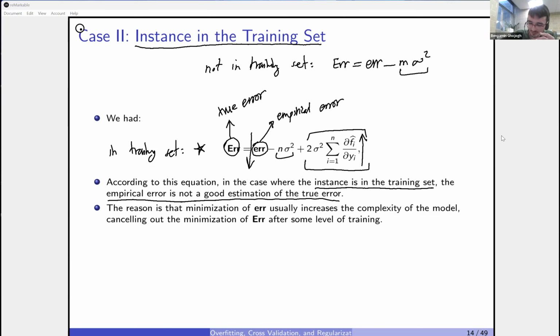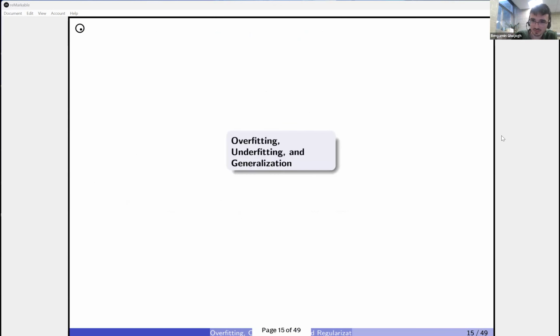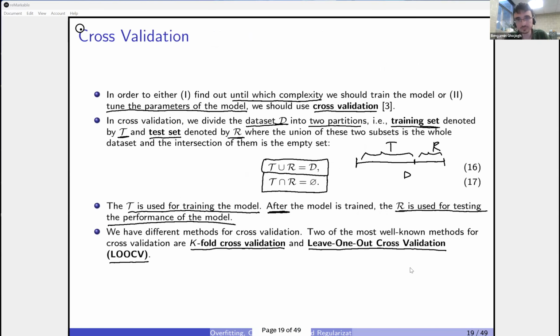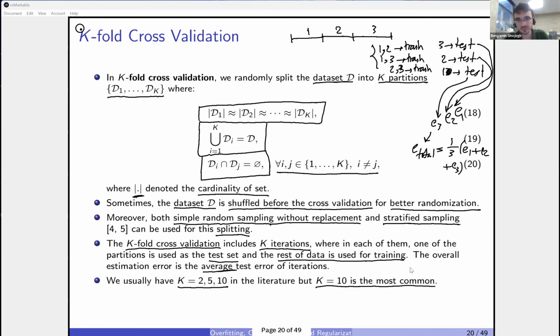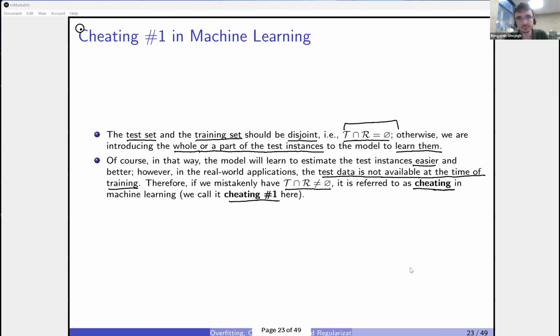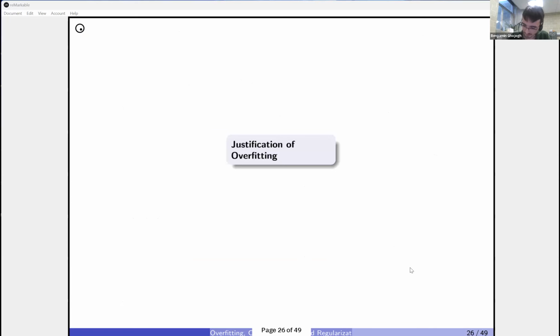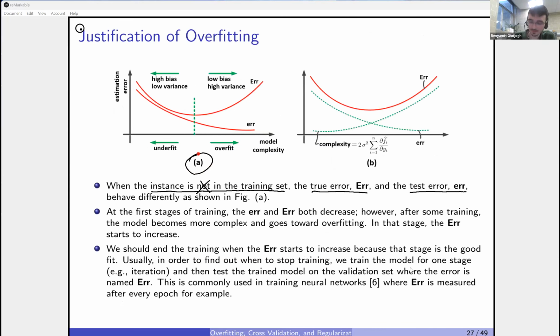And we discussed that. We said that when we make the empirical error small, the complexity after a while goes up. This is exactly the figure that I'm going to show, which is exactly showing this equation. Here, figure A. So let me write down this equation for you.